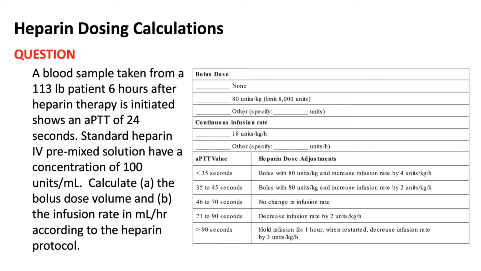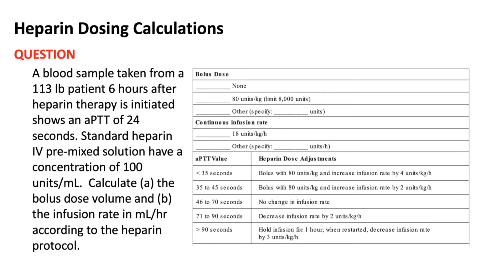So the question really is, based on where we're at with the current dose having caused an APTT of 24 seconds, how do we need to adjust the dose? This is a question about adjusting the dose. If we look under the protocol at what to do for these APTT values, you'll notice, going down from top to bottom, the lower the numbers, the less the anticoagulation, and the larger the numbers, the greater the anticoagulation.